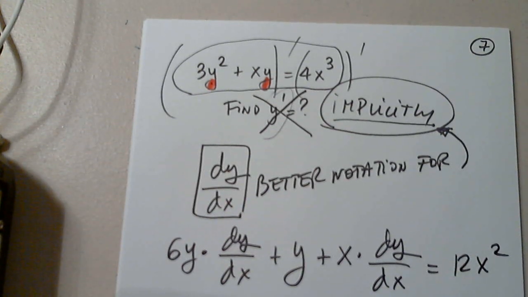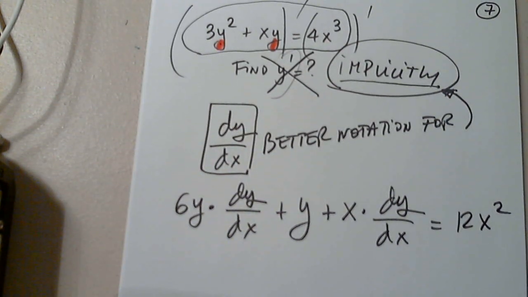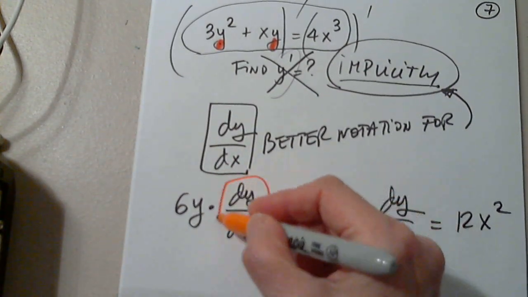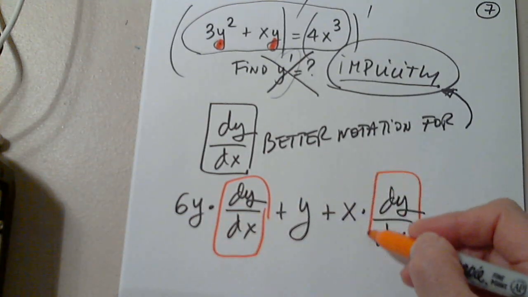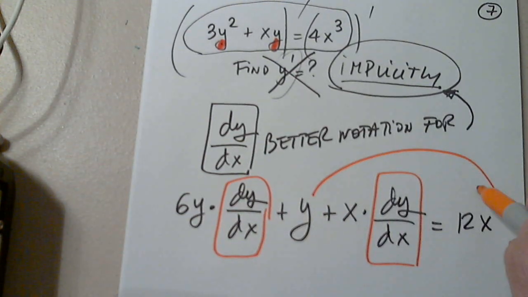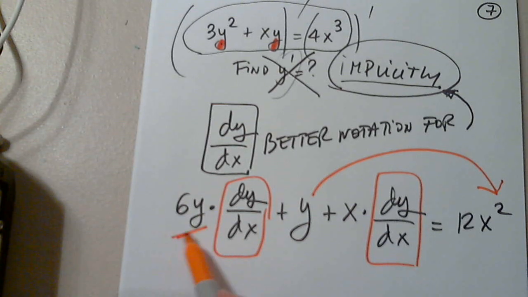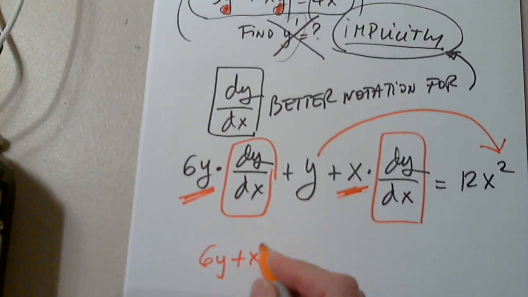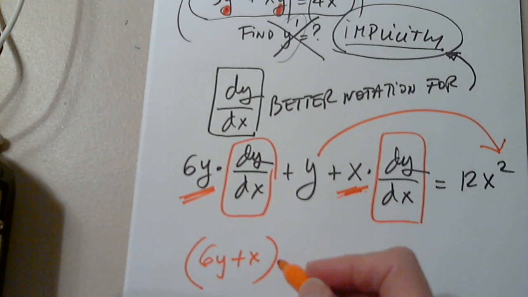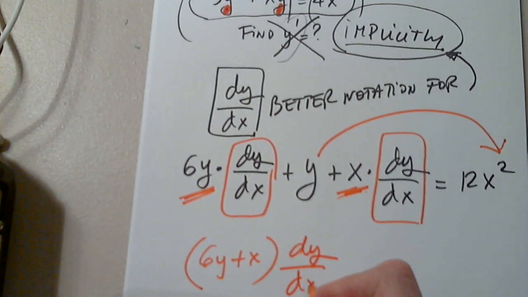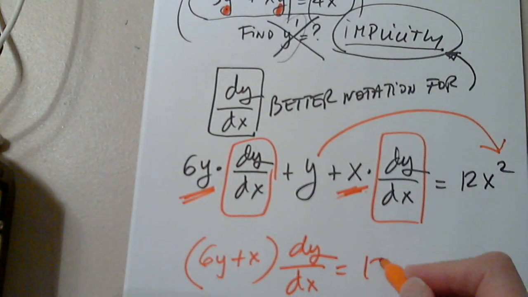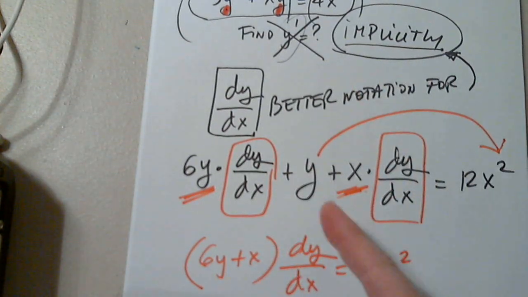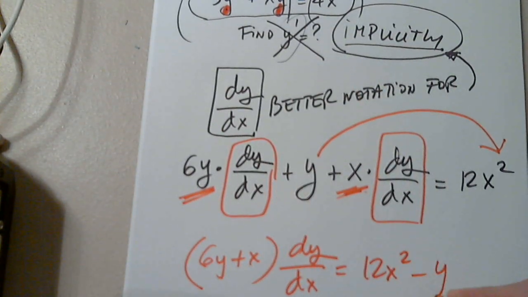What am I after? This is my variable. So I'm going to move y to the other side and factor out these two. So 6y plus x dy over dx equals 12x squared minus, because it was positive, minus y.